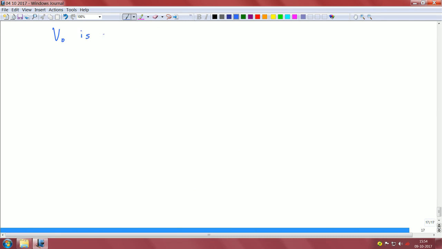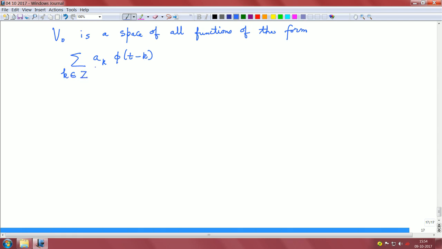V0 is the space of all functions of the form sigma ak phi of t minus k, where k belongs to the set of integers and the ak's are real numbers.